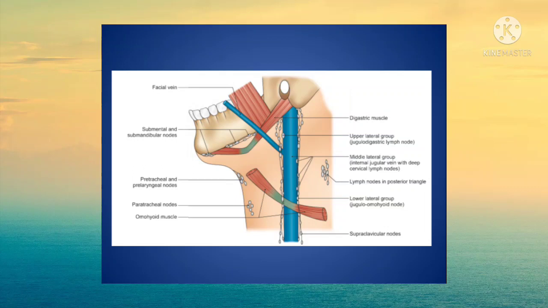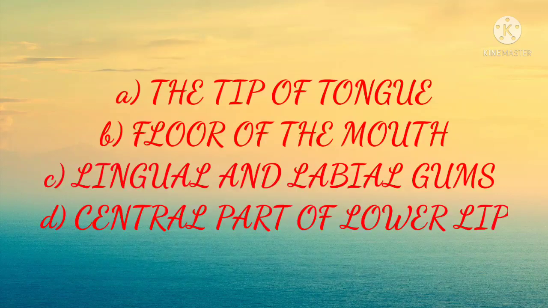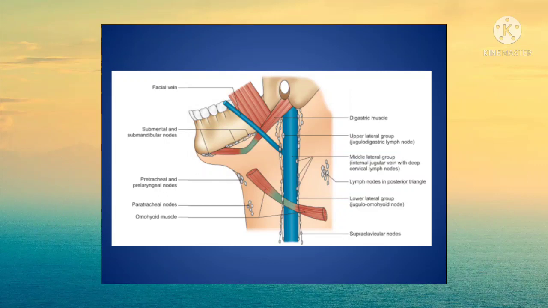They receive afferents bilaterally from a wedge-shaped block of tissue which includes the tip of the tongue, floor of the mouth, lingual and labial gums opposite the lower incisor teeth and central part of the lower lip. The efferents from the submental nodes drain into the submandibular and jugulo-omohyoid nodes.